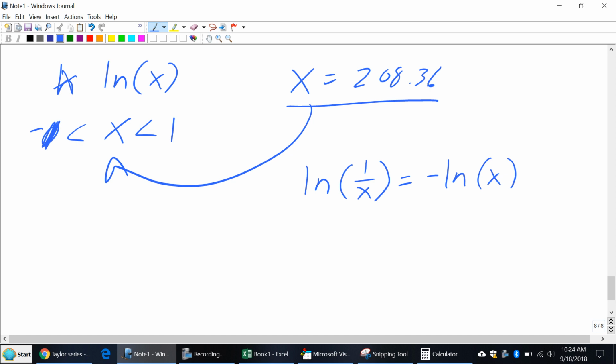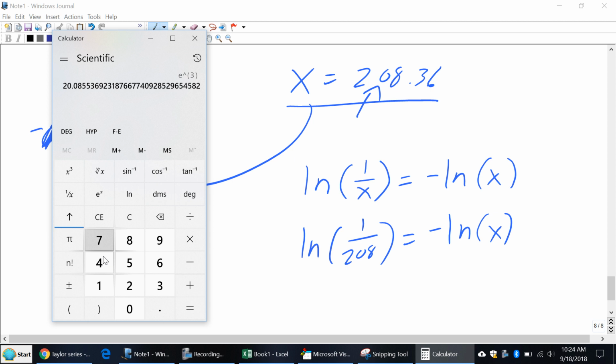So it turns out I can let this number be as big as I want, because if I take the natural log of 1 over 208, that's just going to be equal to negative the natural log of 208. Let's try it.